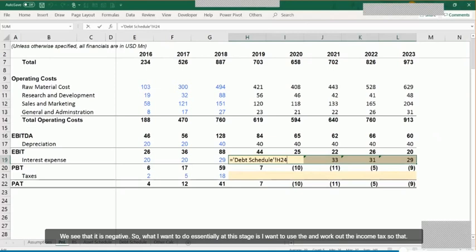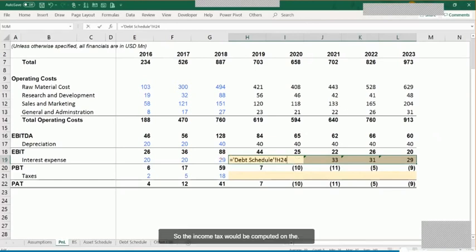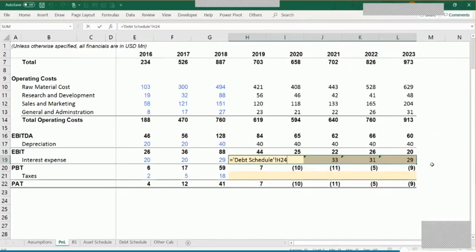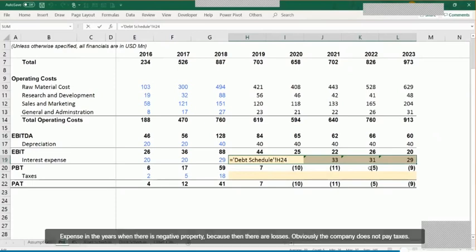So what I want to do essentially at this stage is I want to use the PBT and work out the income tax on the basis of it. So the income tax would be computed on the PBT value, which is profit before tax. And you see that in a couple of years, we have the negative figures in the PBT. So please make sure that you do not include the tax expense in the years when there is negative profit.